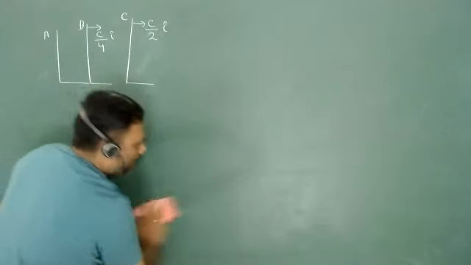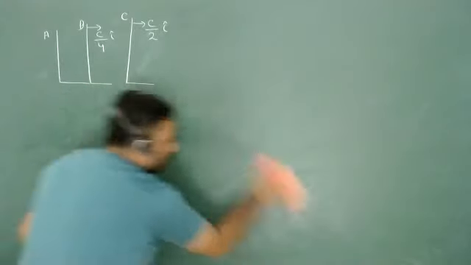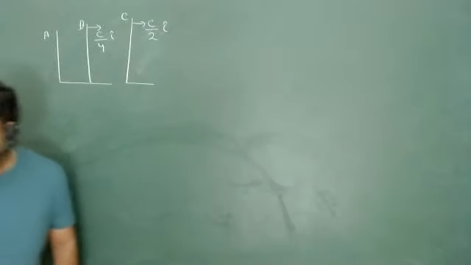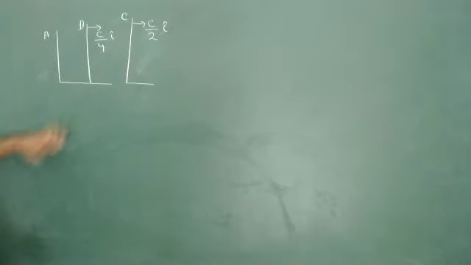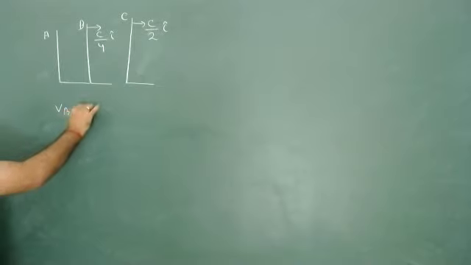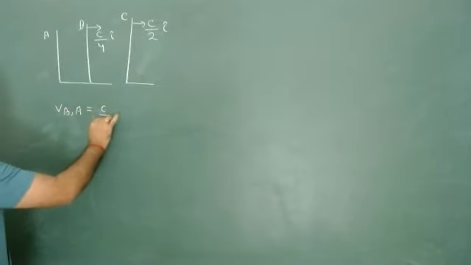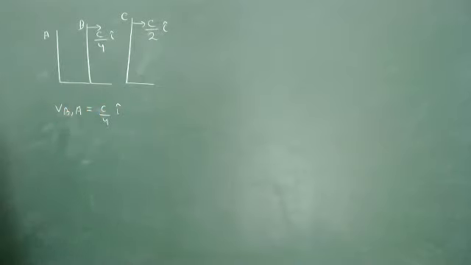Okay, and we know the answer also. Good. Right now, again, what do we have? We have velocity of B with respect to A. This is nothing but C by 4 in the I cap direction.